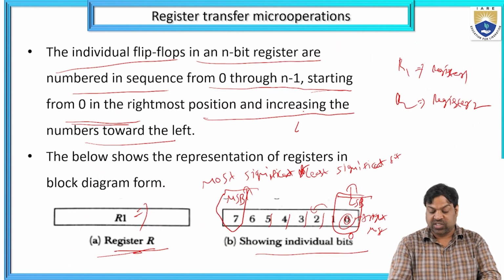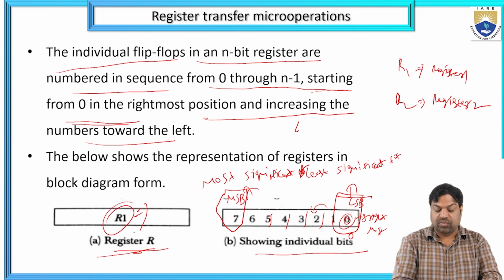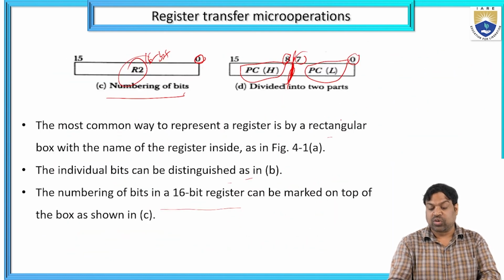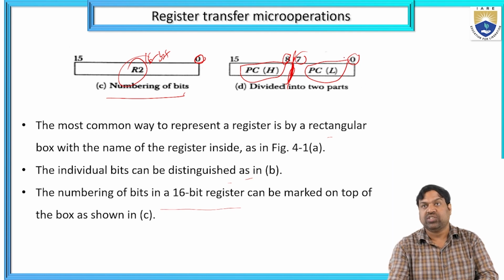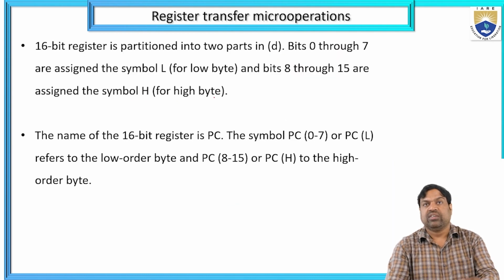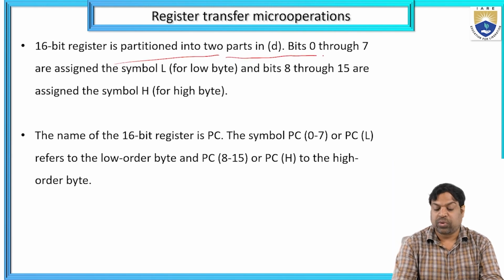Previously we discussed R1 equal to 8 bit, here R2 equal to 16 bit, 0 to 7 and 8 to 15. This 8 bit is the program counter of lower order and 8 to 15 is the program counter of higher values. And the 16-bit register has two parts.